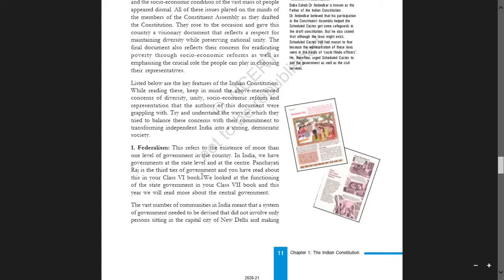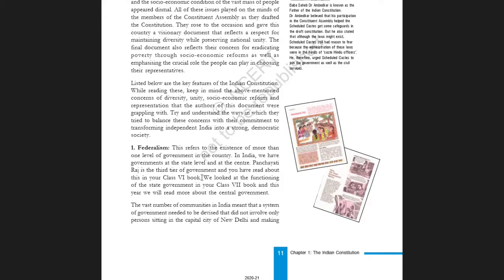You have learned it. You have government at the union level as well as state level also.